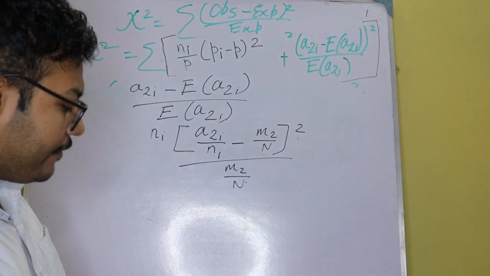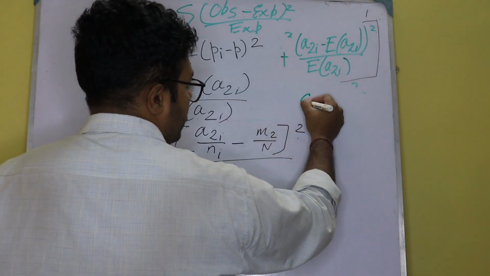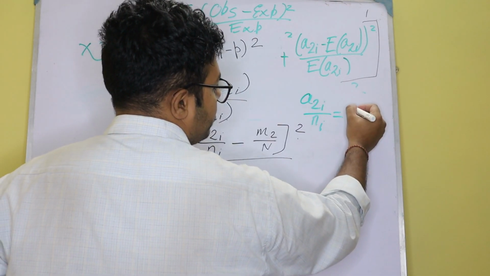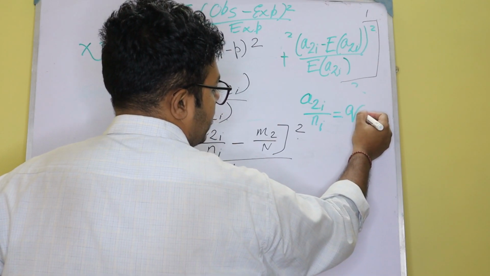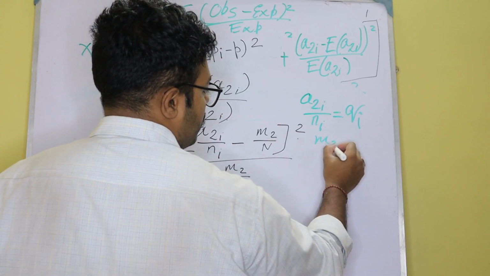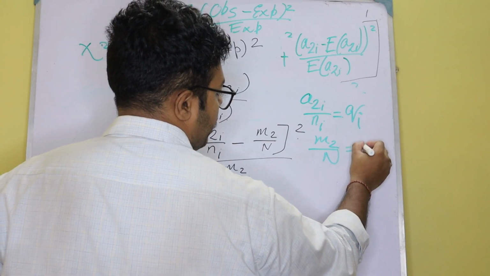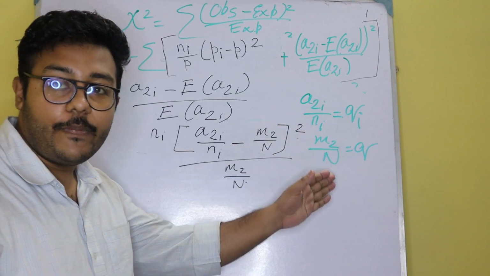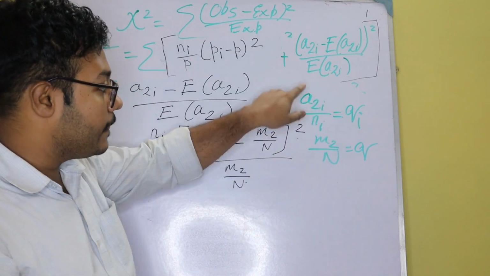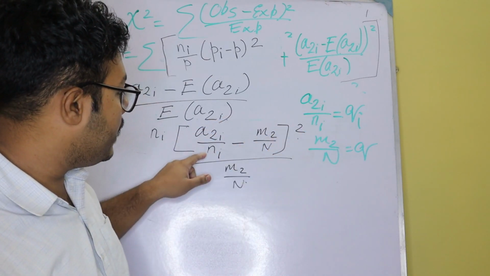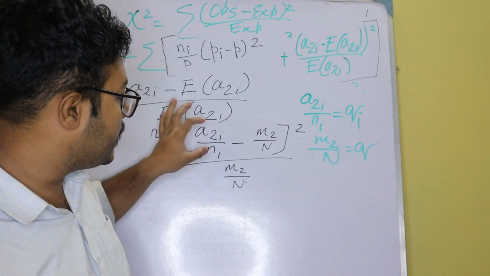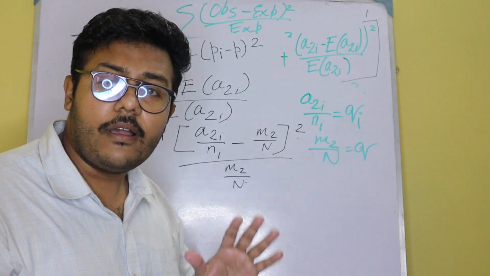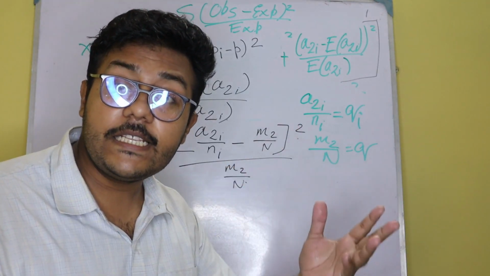I will get this q term from here. This a of 2i by ni will be qi, and this m2 by n will be q. I hope you have got this part. This a2i by ni will be qi, and m2 by n will be q. I hope the doubt is clear about what is p and what is q.